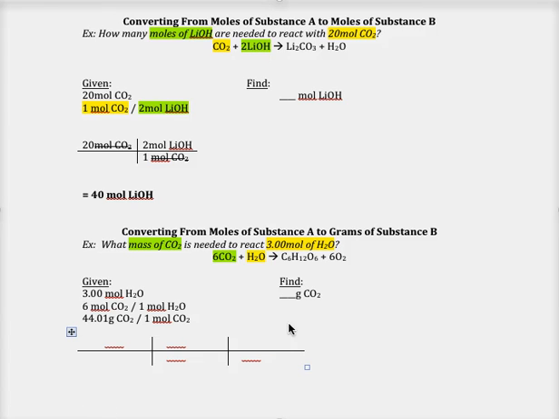Always, always, always start with what you're given in the very first column. If I have moles of water, I need to cancel moles of water. So I'm going to skim and try to find another spot where moles of water repeats itself. There it is, 1 mole of water. That's what I'm going to put on the bottom. The 6 moles of carbon dioxide will go on the top.